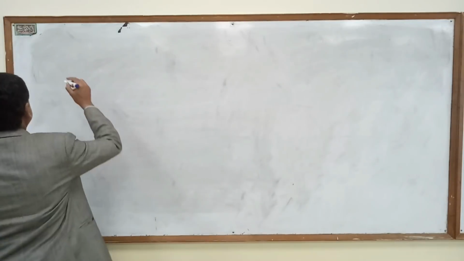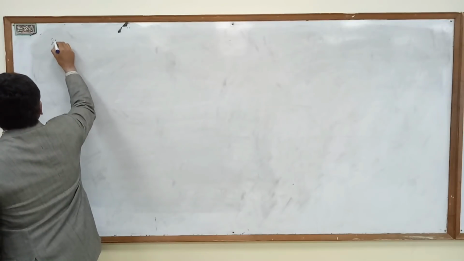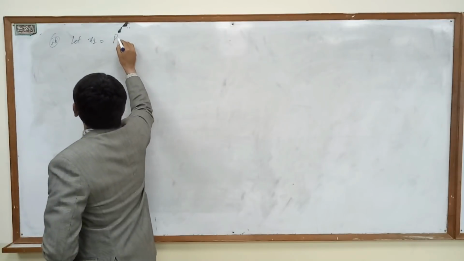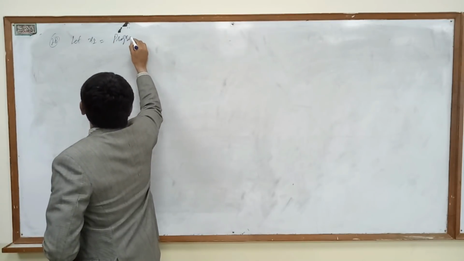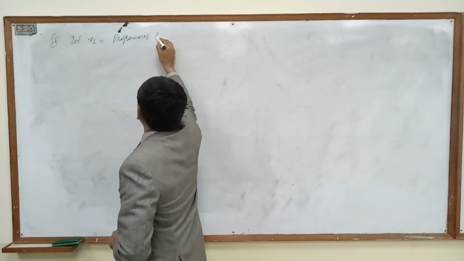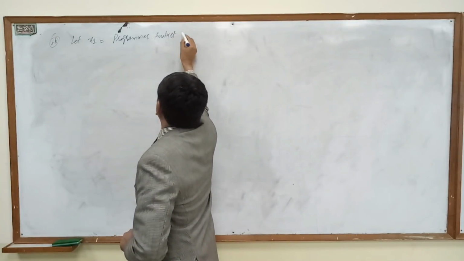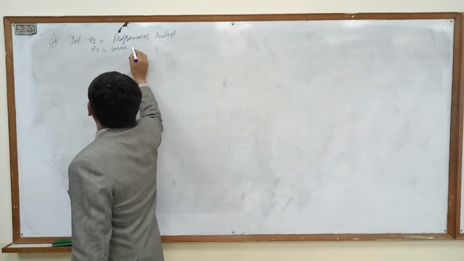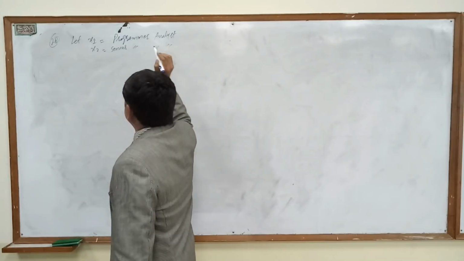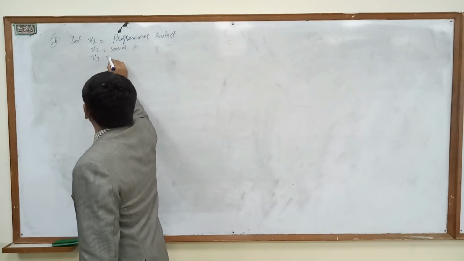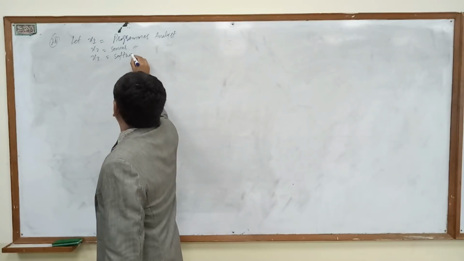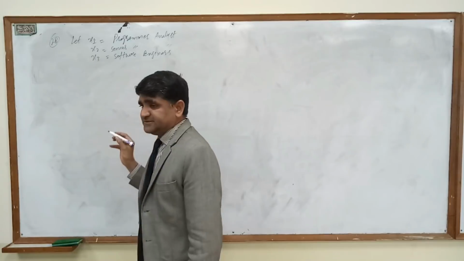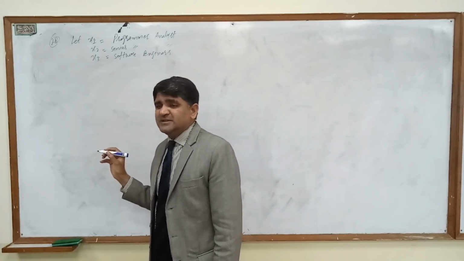Question number 28: let X1 is programmer analyst, X2 is senior programmer analyst, X3 is software engineers. And total budget is $1.2 million.